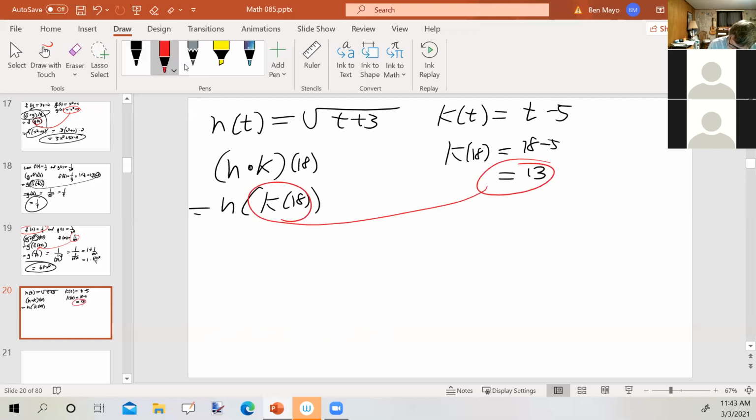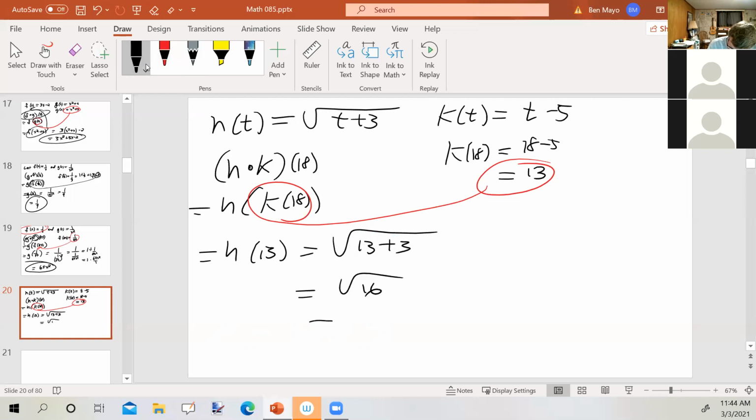So that goes in the place of k of 18. So that would be h of 13, which is the square root of 13 plus 3, the square root of 16, which is 4. So h composed with k of 18 equals 4. Questions there?